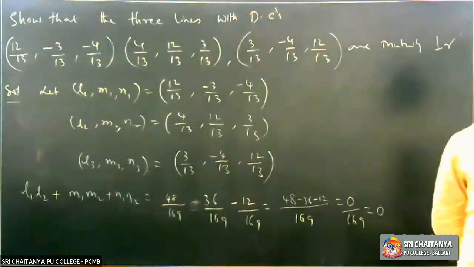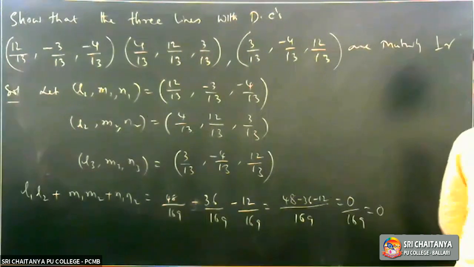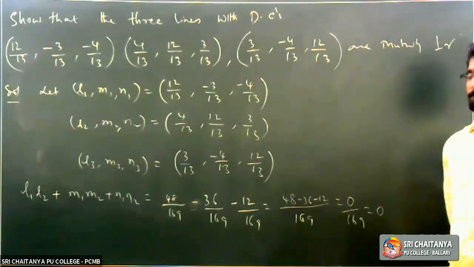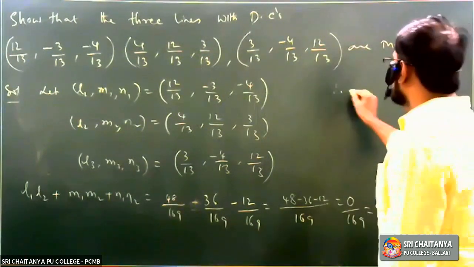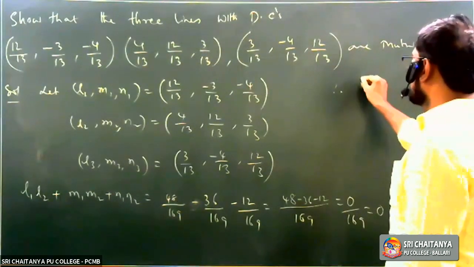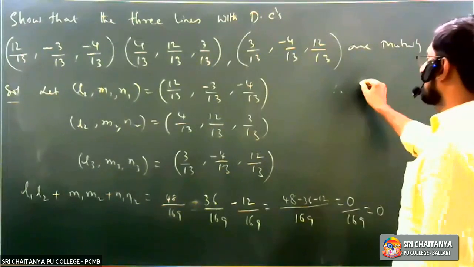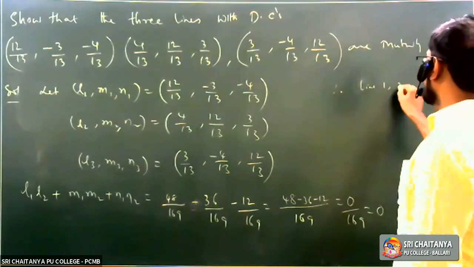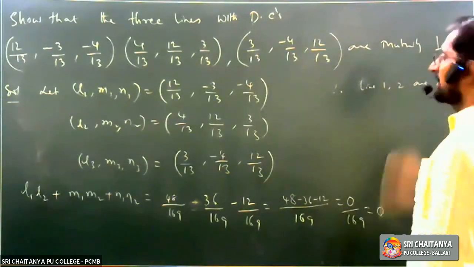The value is 0 upon 169, which is equals to 0 itself. Therefore, you can write lines 1 and 2 are perpendicular.